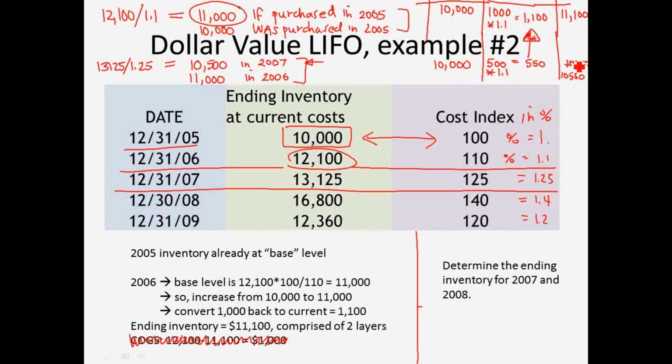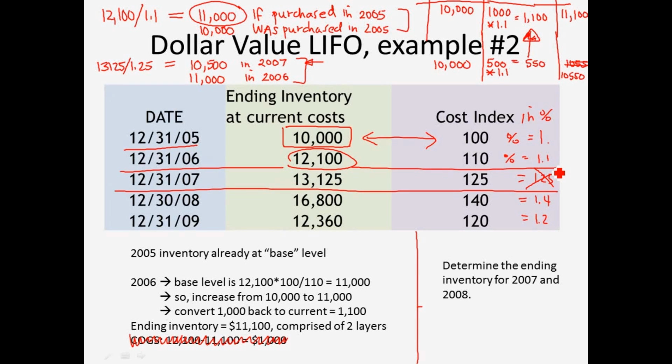So when I now think about further increases, I'm not going to use this value because I didn't buy them in 2007. Everything I bought in 2007 is gone. So if in 2008 I have more stuff, when will I have purchased it? In 2008. Right?